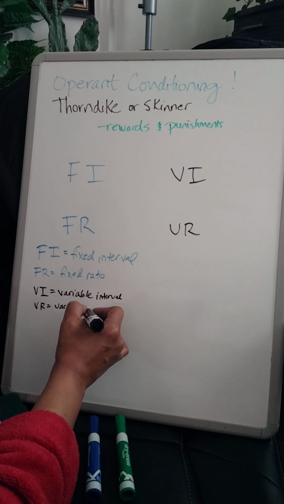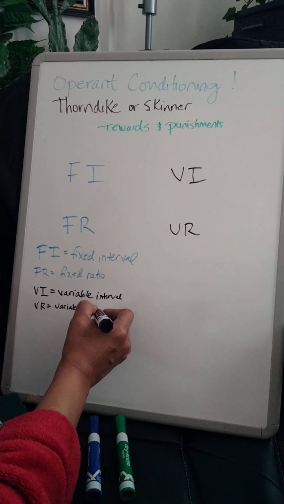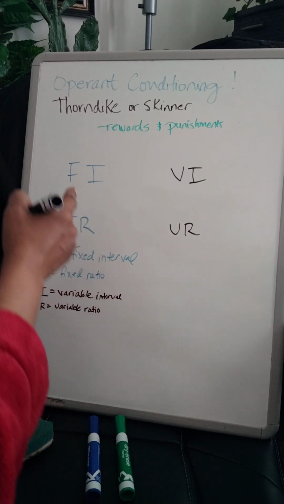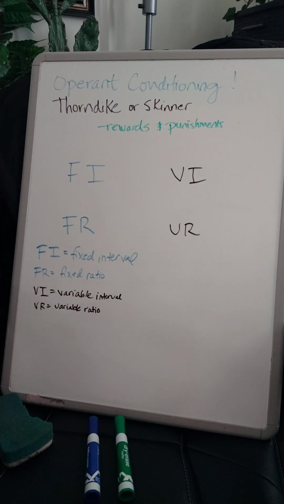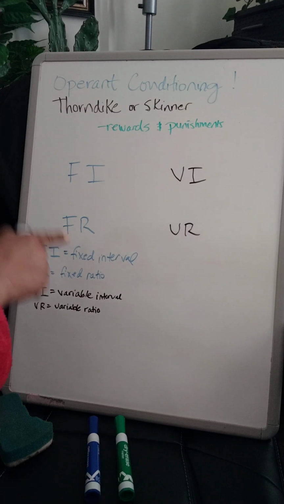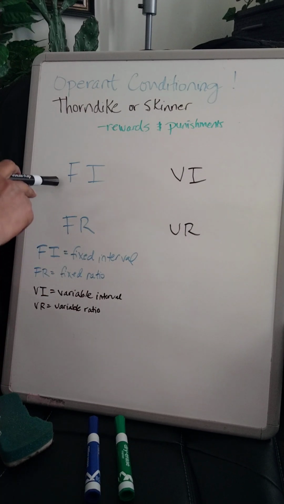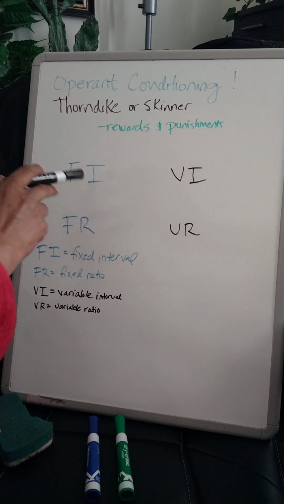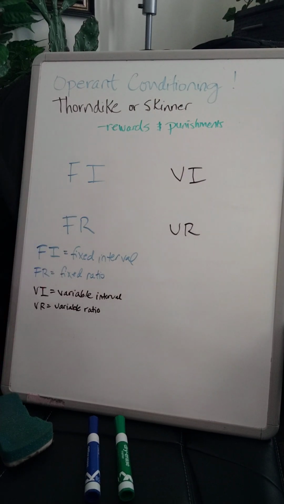In our left column, we have FI and FR, so we know two F's, one I, one R. In the right column, two V's, so we have our VI, VR.